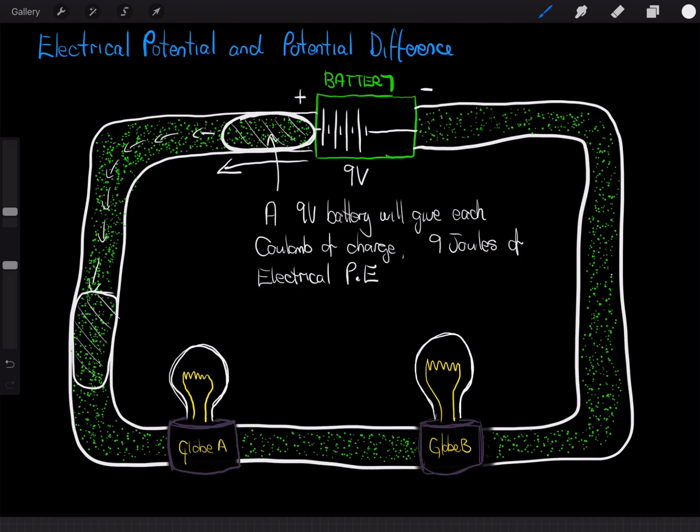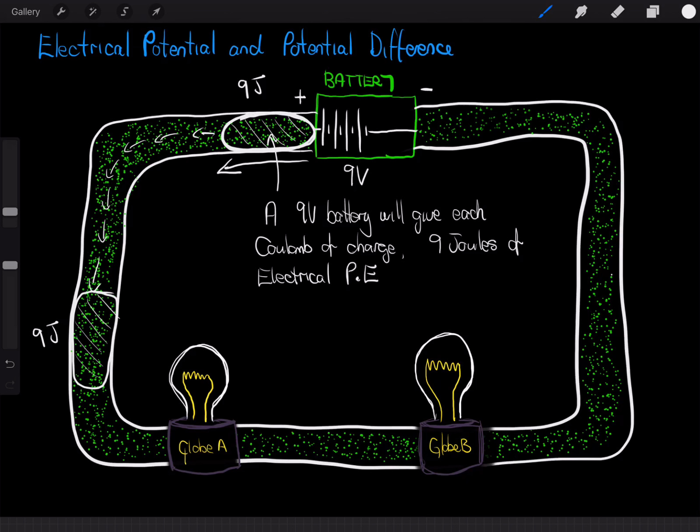So if we measured the energy as it came out of the battery for that coulomb, and it was 9 joules, and we measured it again at this position and it was also 9 joules, then we can see that it hasn't lost any of its electrical potential energy. That coulomb still has 9 joules of energy.